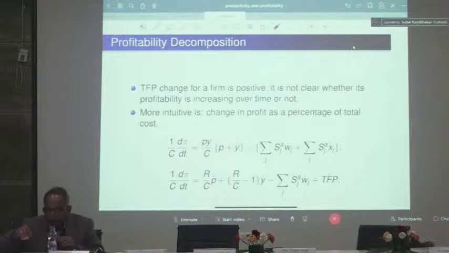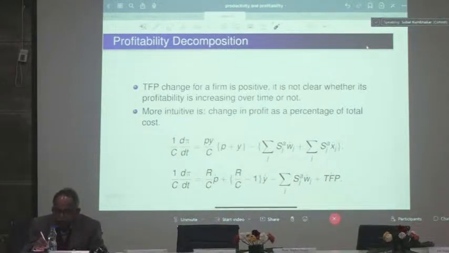So the question is, how do you define profit change? If you look at the way I did it before, you would think in terms of something like pi dot. So pi dot is a change in profit divided by profit, the percentage change or just simply change.